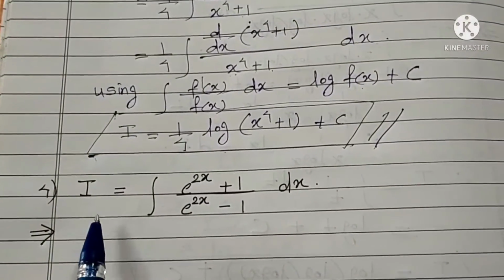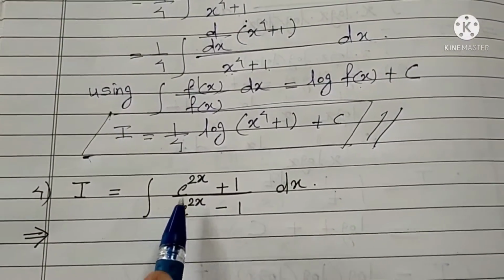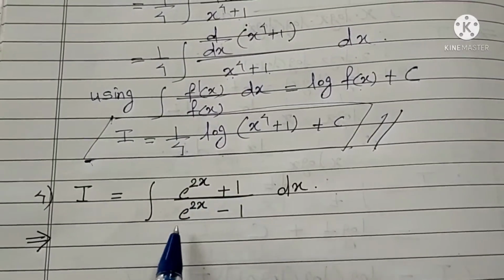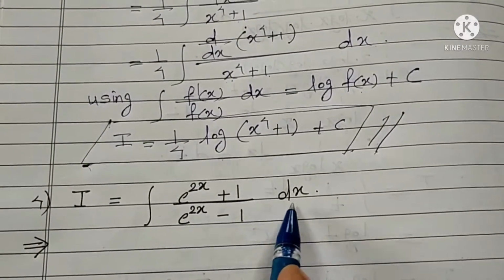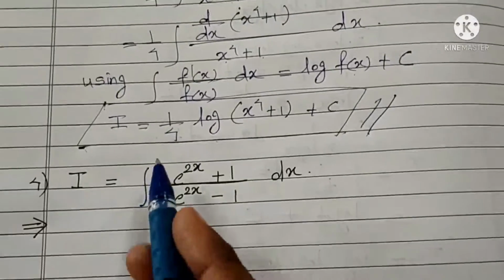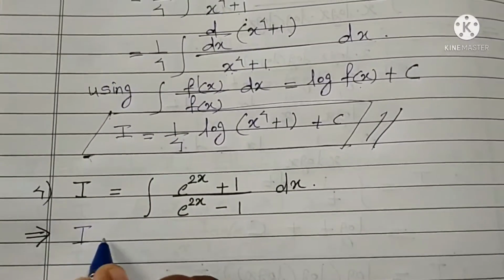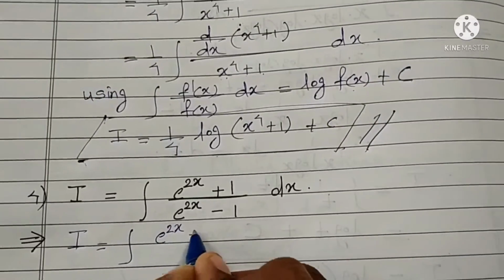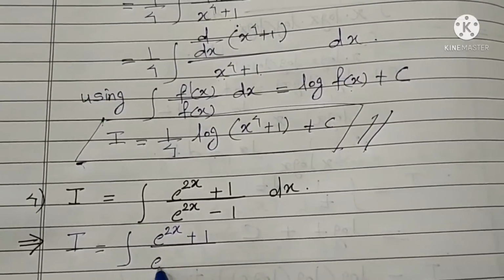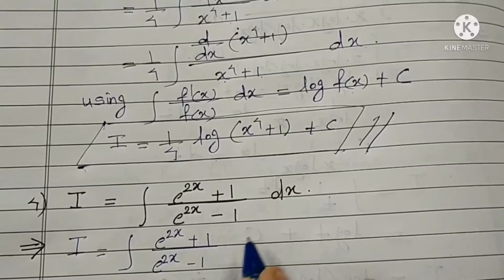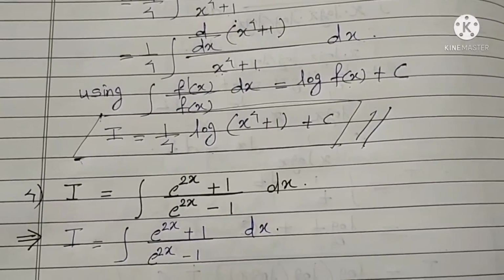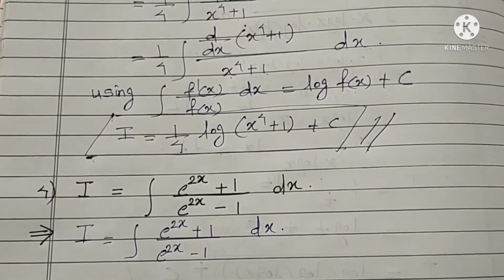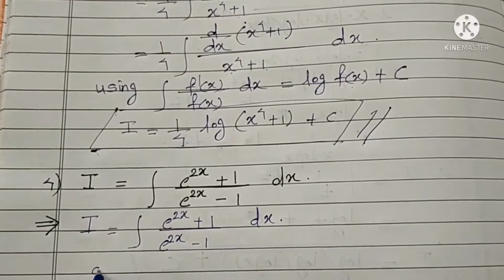Now next example, I is equal to integration of e raised to 2x plus 1 upon e raised to 2x minus 1 into dx. So first write as it is, I is equal to, now divide numerator and denominator by e raised to x.